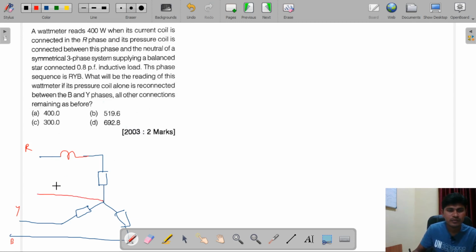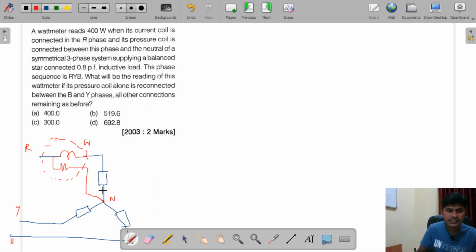This is neutral point, this is N. The pressure coil is connected between this and the neutral point. So this will be W. So here W gives 400 watts.